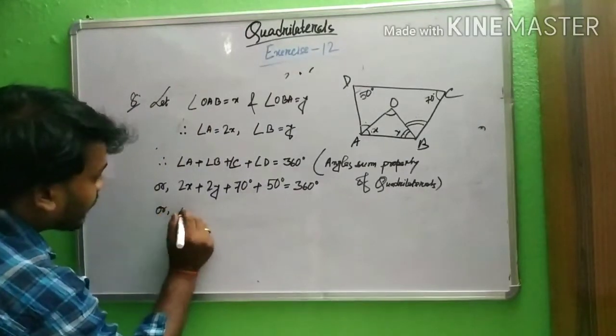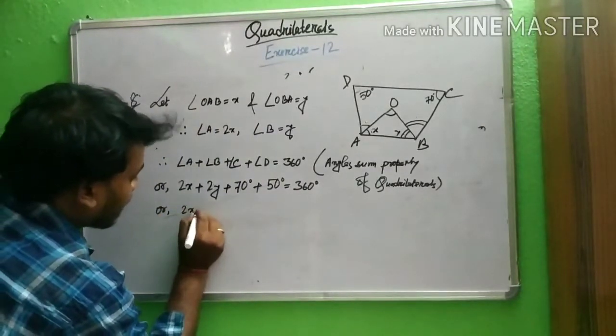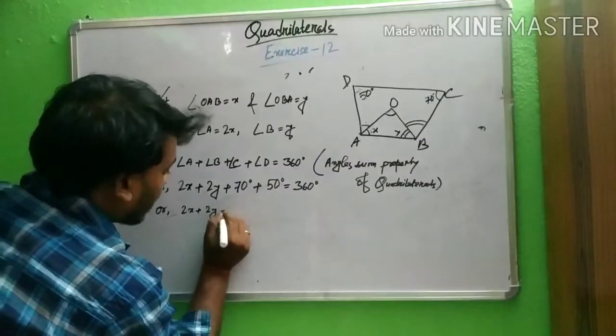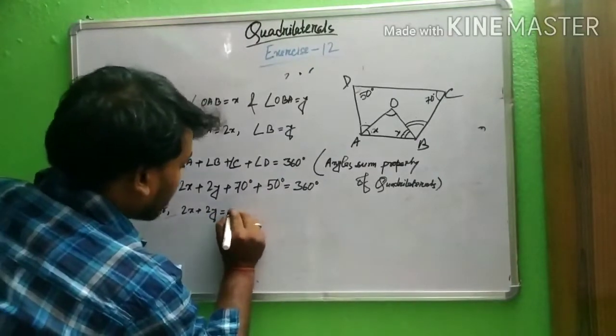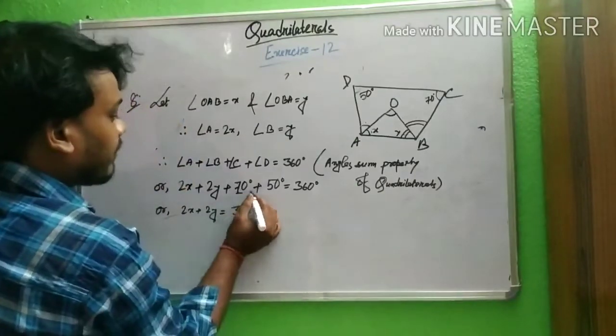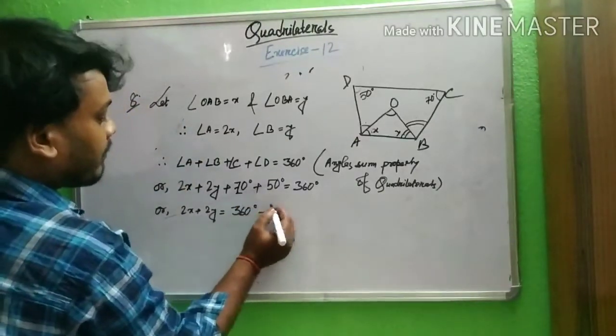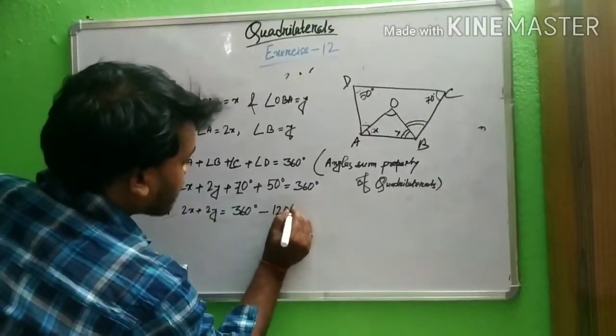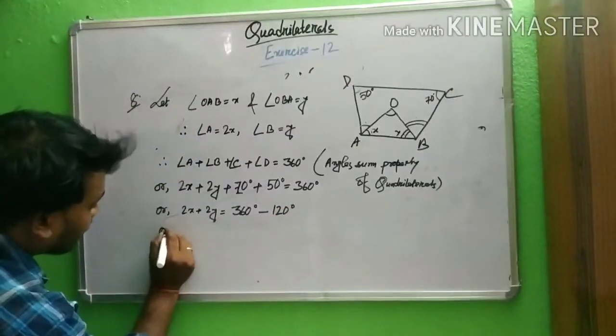Or 2x plus 2y equals 360 minus 70 plus 50, that means 120, implies 240.